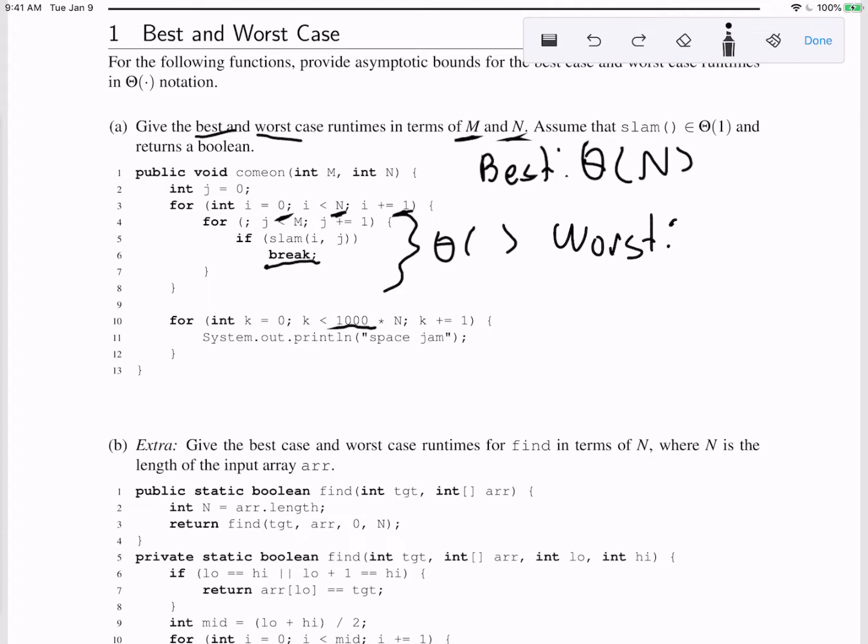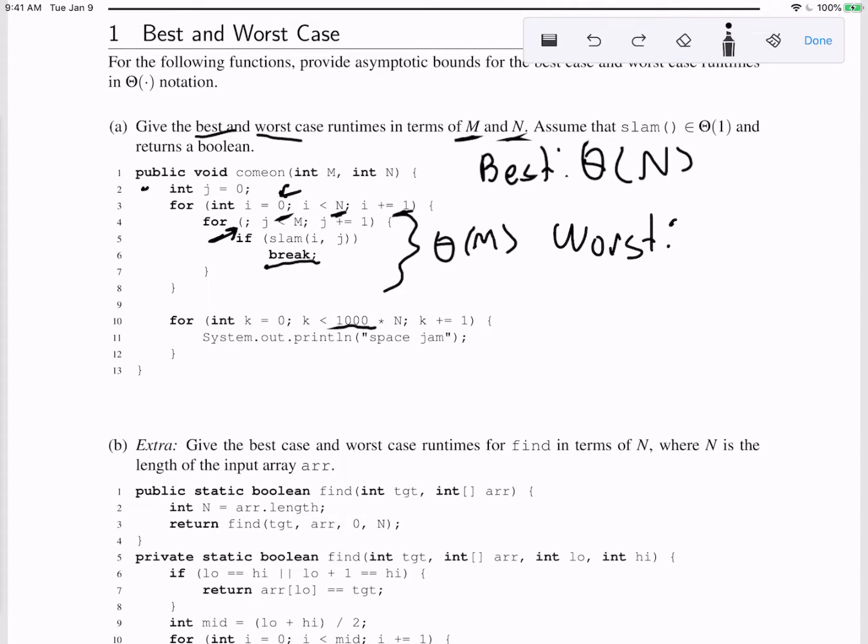So how long does the body of the loop, lines 4 through 7, take now? It's going to be theta of what? Well, we know that from line 2, j starts off as 0. That's why there's an empty initialization over there. So the first time, when i equals 0, the first iteration of i, this will run m times, right?